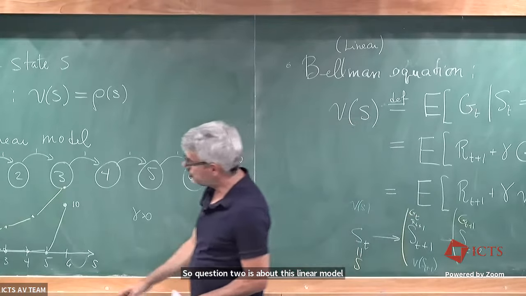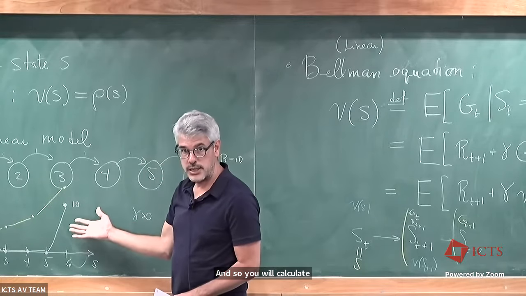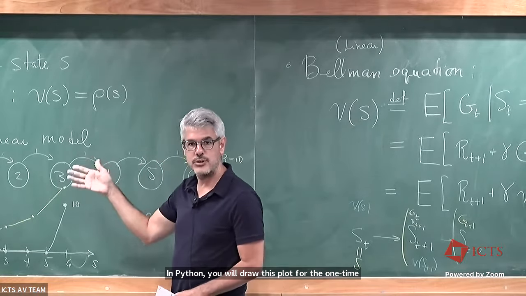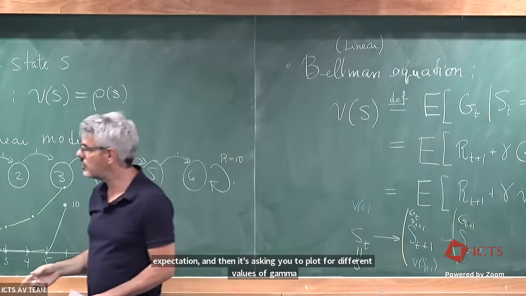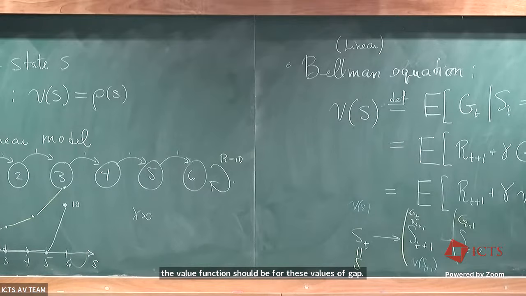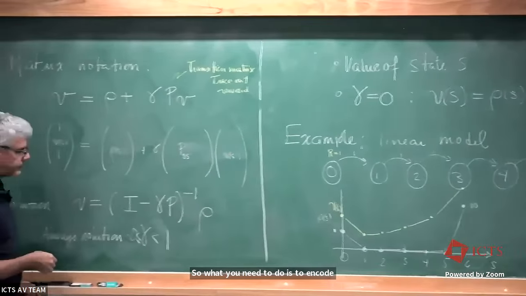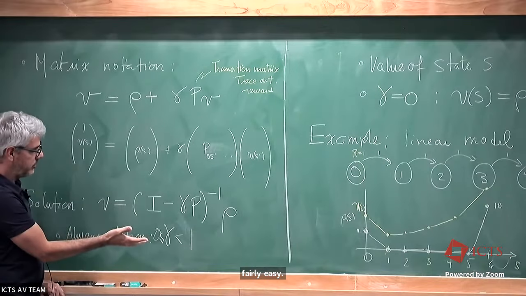You will calculate in Python and draw this plot for the one-time expectation, and then you're asked to plot, for different values of gamma, what the value function should be. What you need to do is encode in Python these transition matrices, which is fairly easy, and then solve this equation in numerical linear algebra.